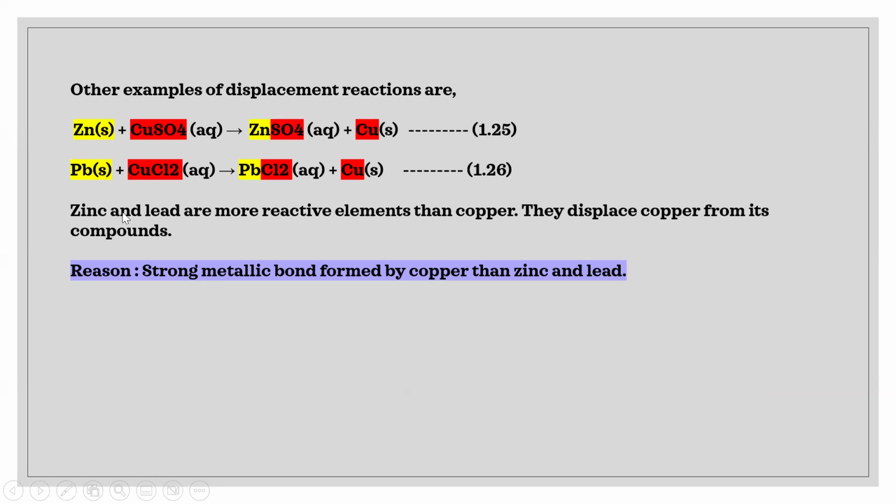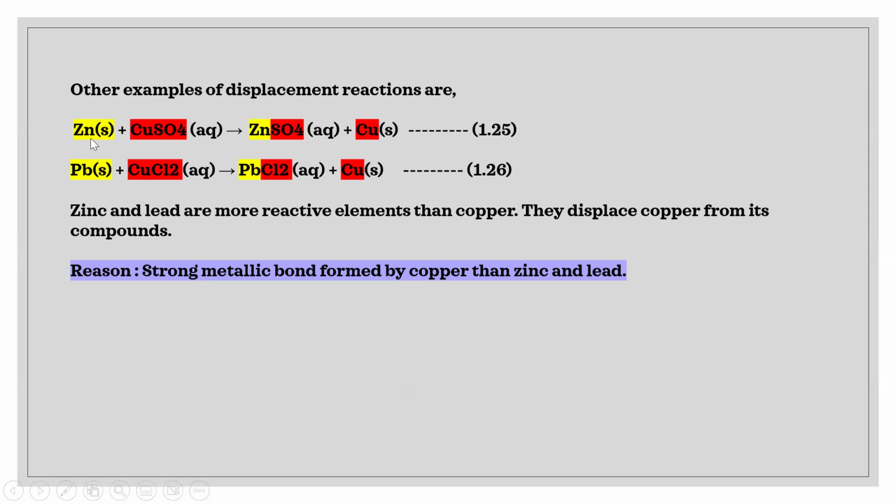See here, zinc and lead are more reactive elements than copper. They displace copper from its compounds because copper can form a strong metallic bond, stronger than zinc and lead. If the bond is stronger, then more force is required to break the bond.